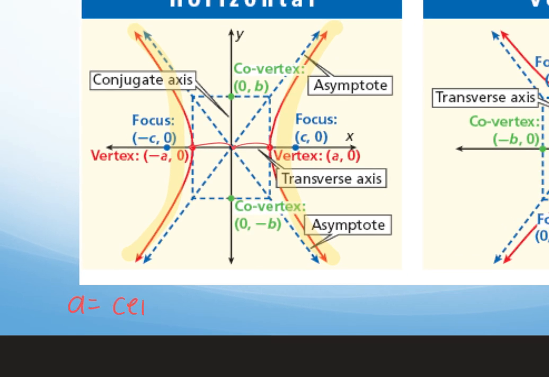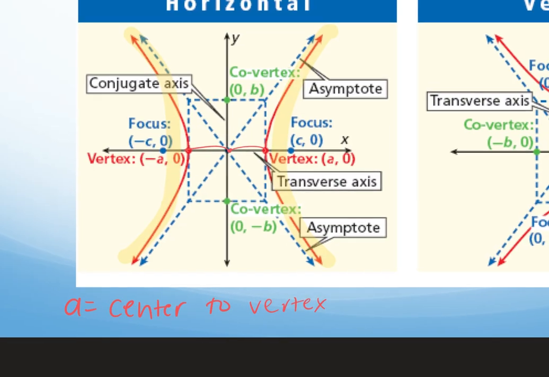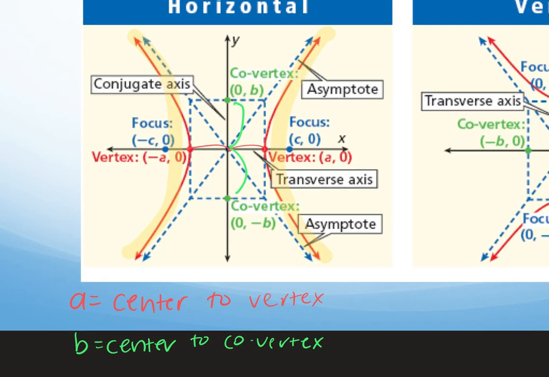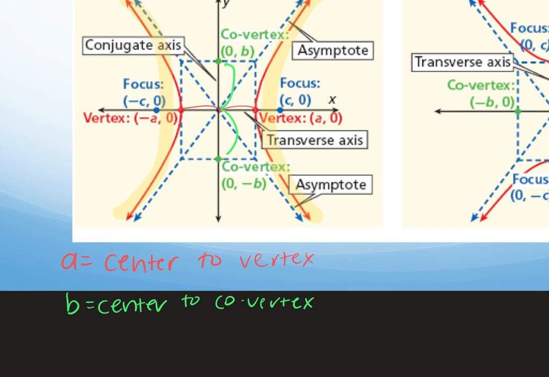So A, center to vertex. You've got B, which is, again, center to co-vertex. Nothing new there. And then you've got C, which is center to focus. So all of that is the same as it is for an ellipse: A is center to vertex, B is center to co-vertex, and C is center to foci.